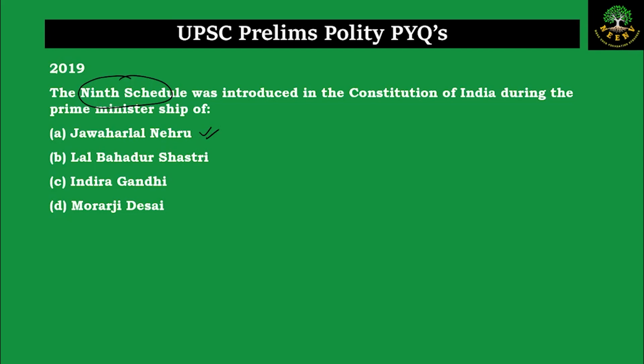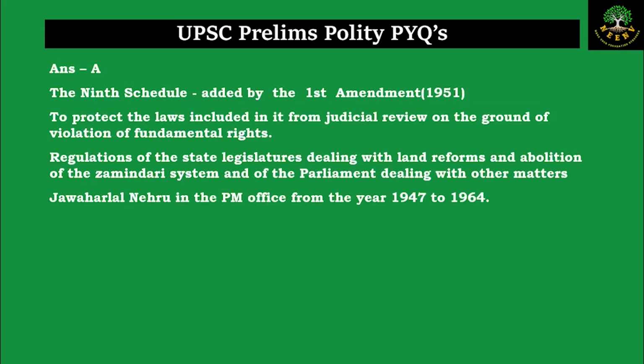Now let us look at the in-depth explanation. The ninth schedule was in fact added during the first amendment of the Constitution in 1951. And what is the purpose of doing this? In order to protect the laws from judicial review. And what are all the laws which are tried to be protected?